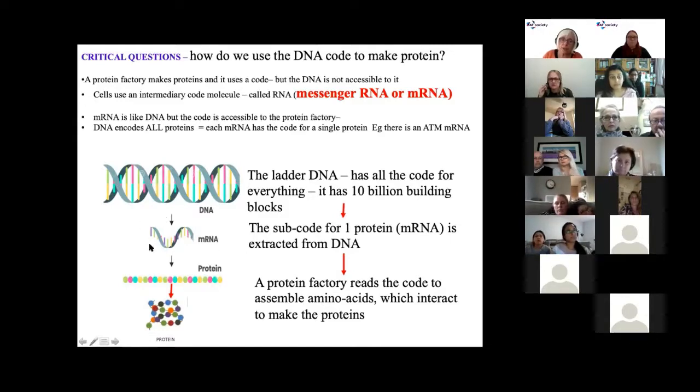RNA is just a smaller amount of this, another code that has the information just to make one protein. So it's a subcode much smaller than the total DNA, and it can then be accessed by the protein factory.